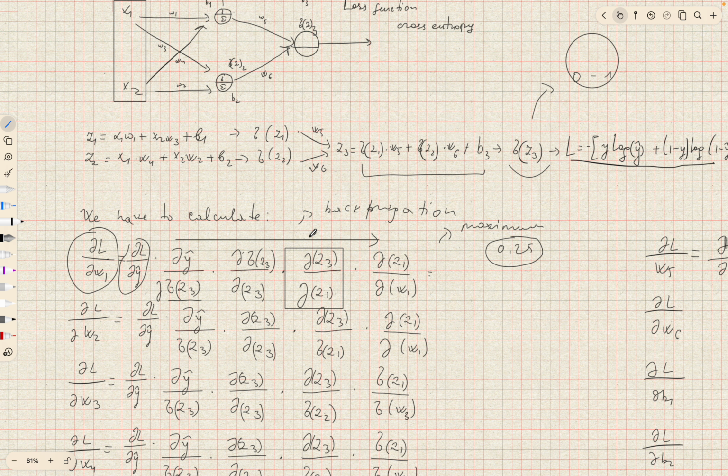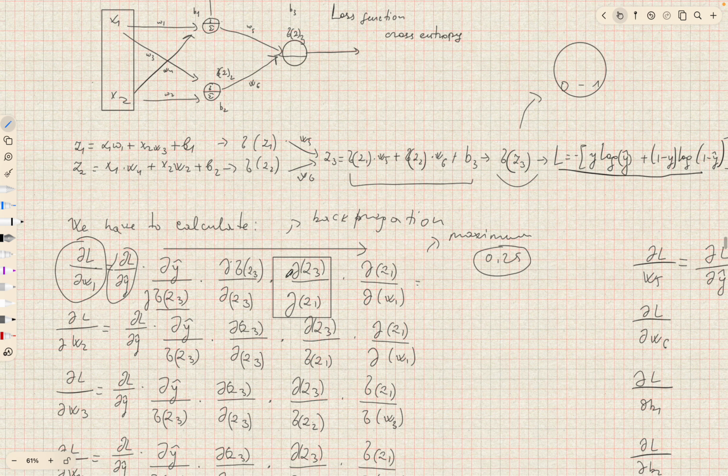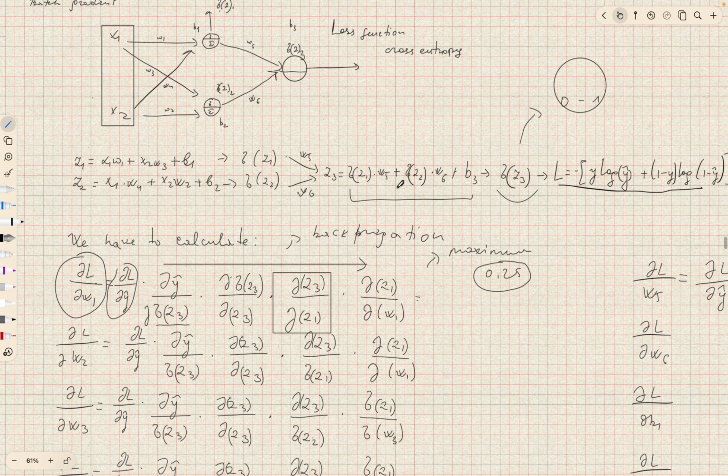Another problem with the sigmoid is that the sign is propagated through this chain rule. If at one point the derivative of the sigmoid gives us a positive sign, then it will also follow a positive. So the gradient at one point forces the gradients of the other layers to be positive or negative.